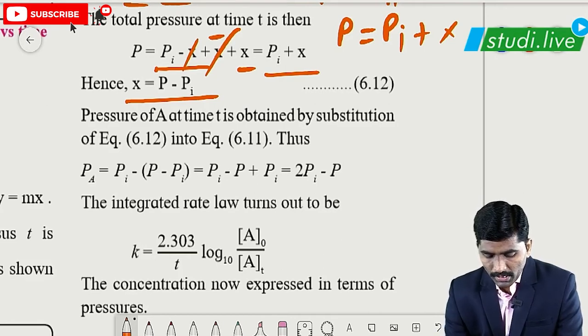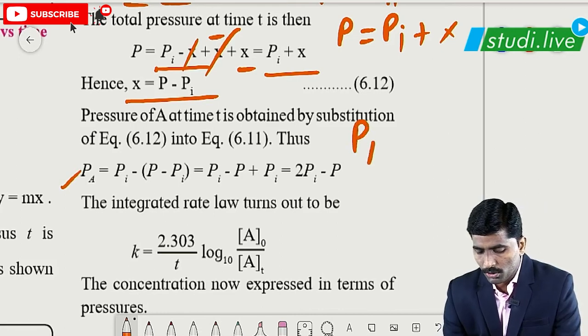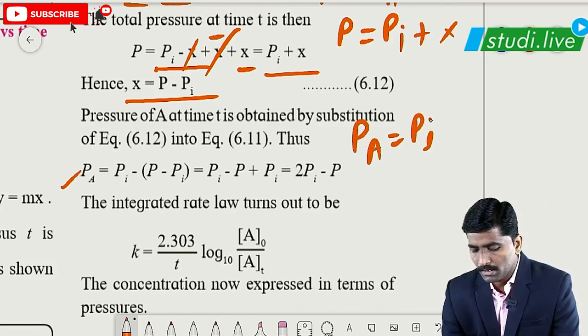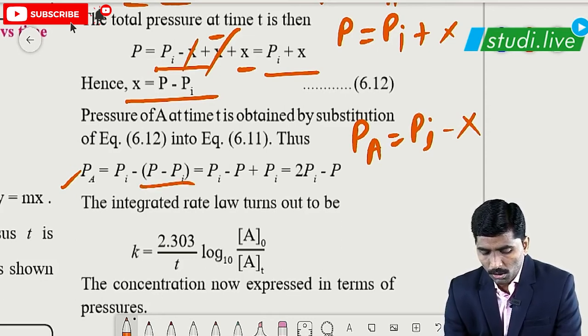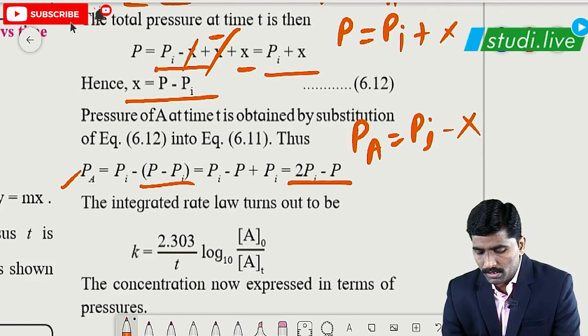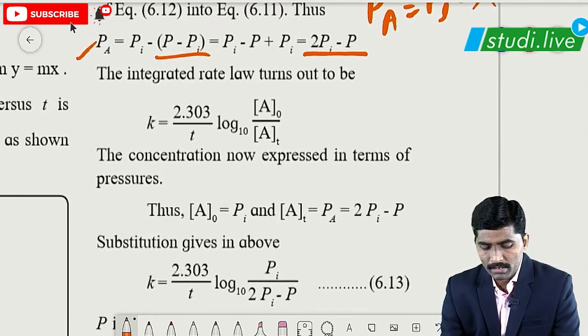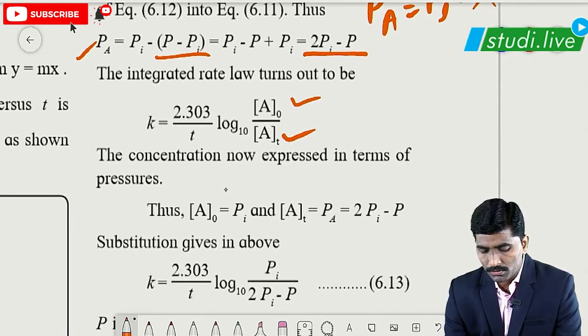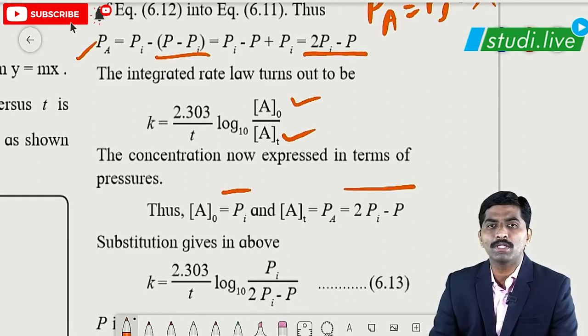If I substitute x in the formula for Pa, which if you remember was Pi minus x, I substitute x as P minus Pi. On solving the bracket, the value becomes 2Pi minus P. The integrated rate law was a naught upon a t. Instead of the concentration term, we substitute initial pressure and pressure at time t.